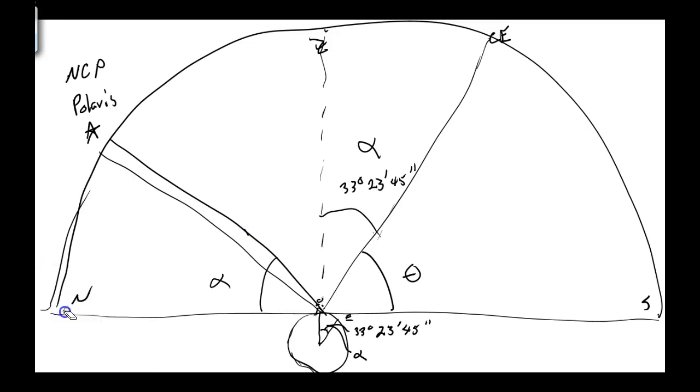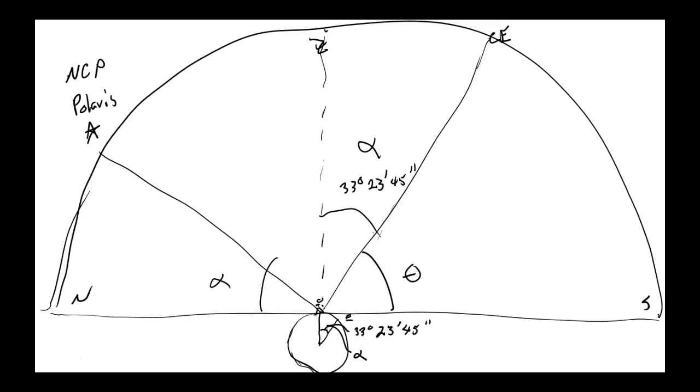Okay. What is the angle between the equator and the North Pole? 90 degrees. So therefore, between the celestial equator and the North Celestial Pole will be 90 degrees.